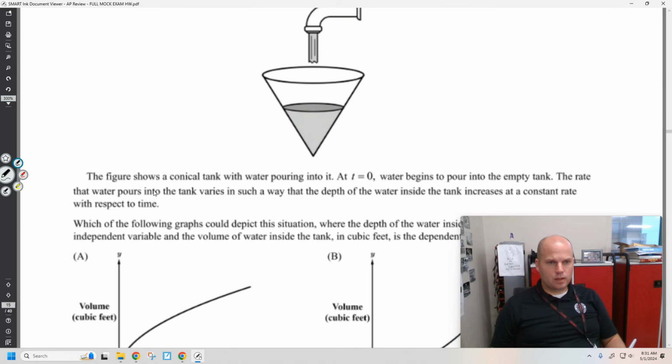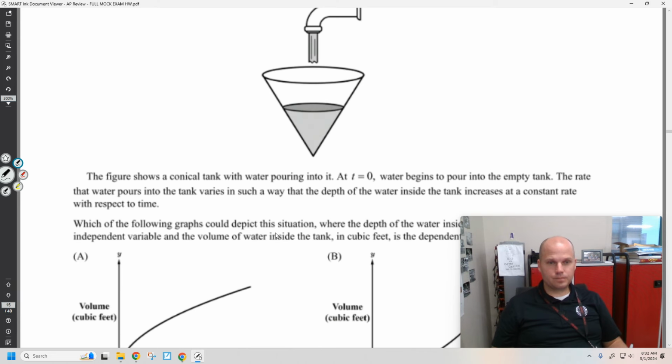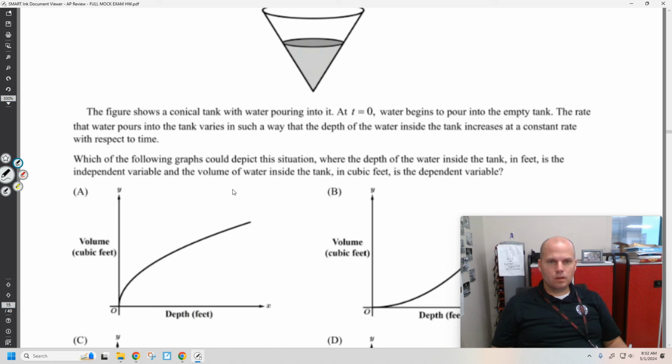Okay, the rate that water pours into the tank varies in such a way that the depth of the water increases at a constant rate with respect to time. Oh, no, you beat me to it. The depth of the water inside the tank increases at a constant rate.